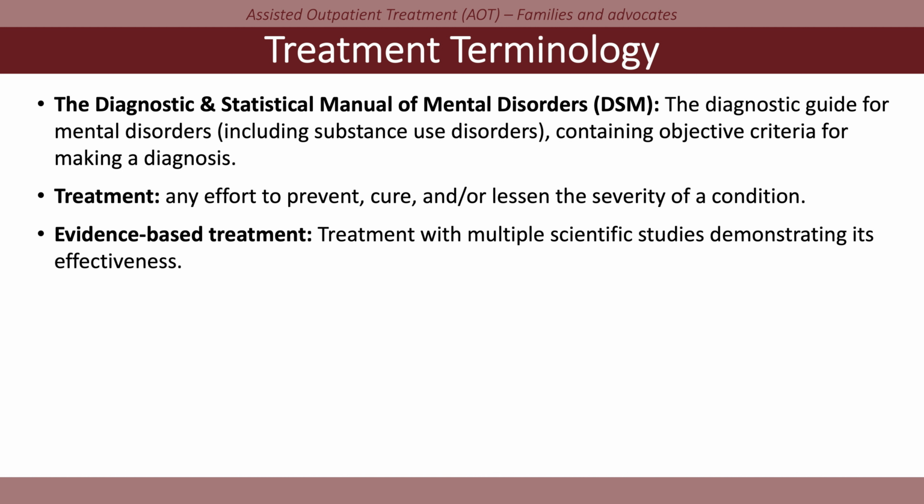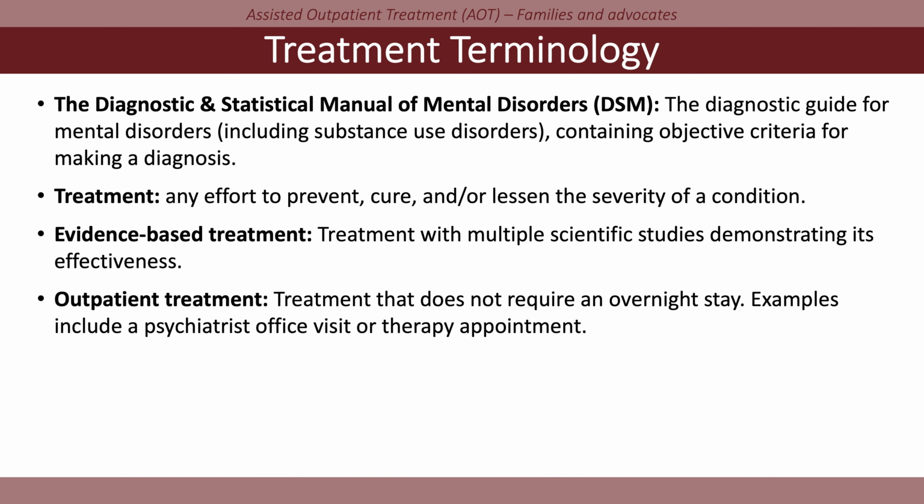Now, we can administer treatment in a variety of settings. Outpatient treatment is when we administer treatment outside of the need for an overnight stay. So you're not staying in the hospital or some other facility overnight, what we're going to refer to as an inpatient type setting. But this is more what most of us do to maintain our health in any way.